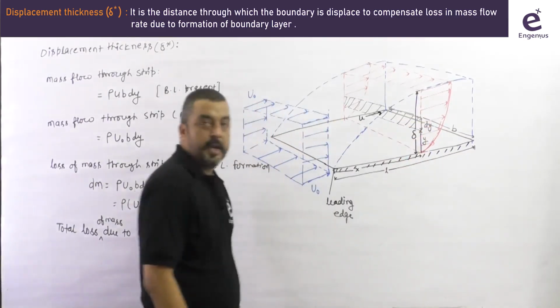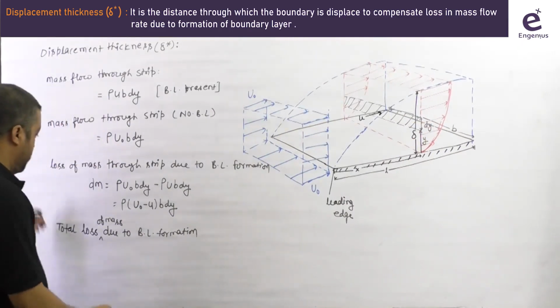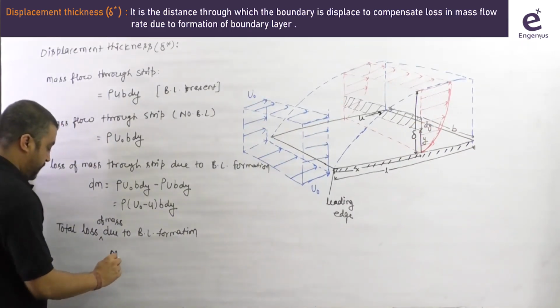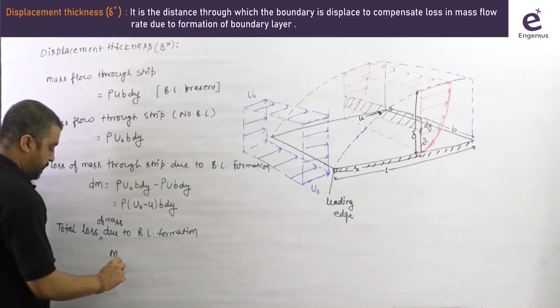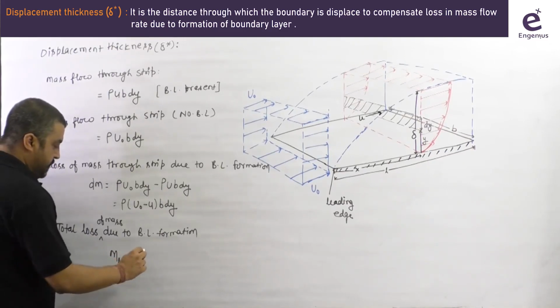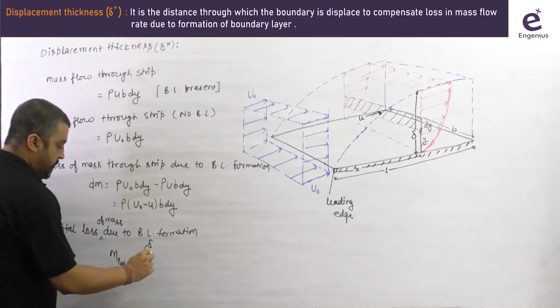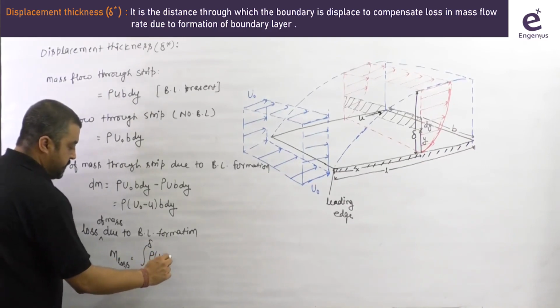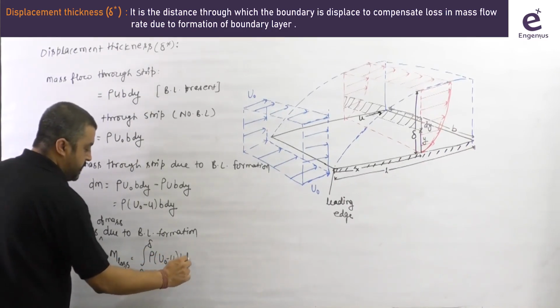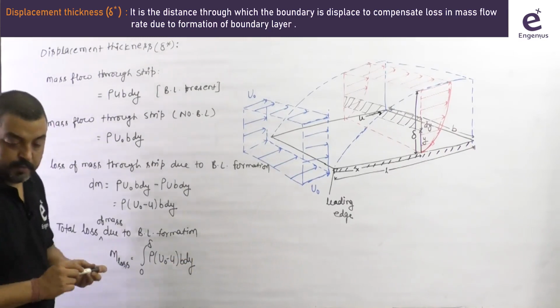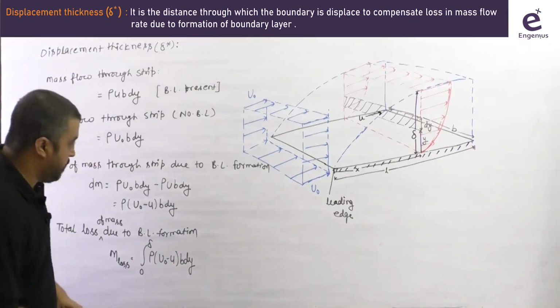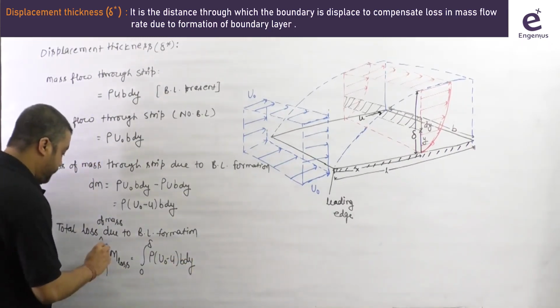So I can integrate this. Let me call this m loss. We integrate from 0 to delta, rho times (u naught minus u) b dy. This is the total loss of mass. So this is the problem, because this is the loss.